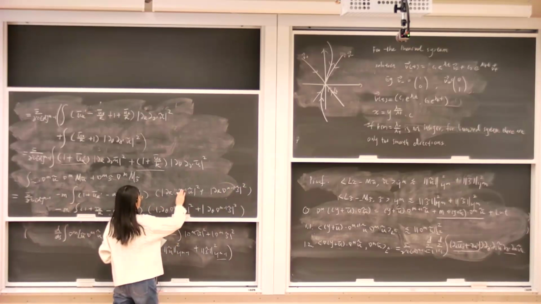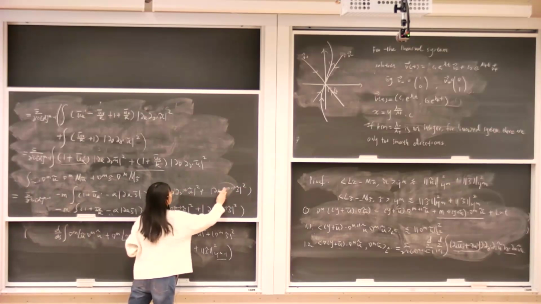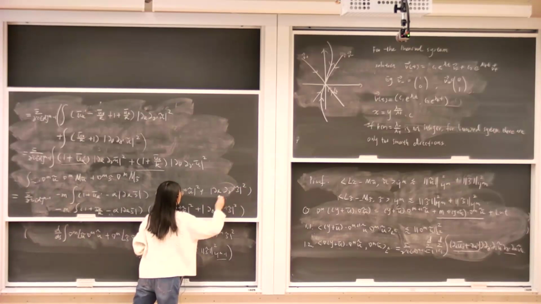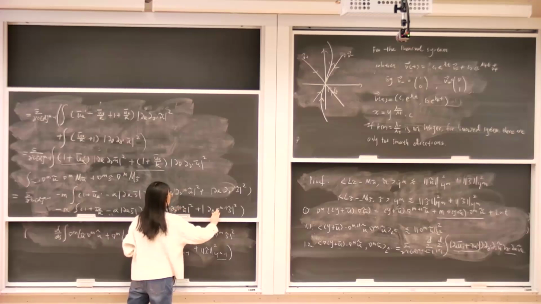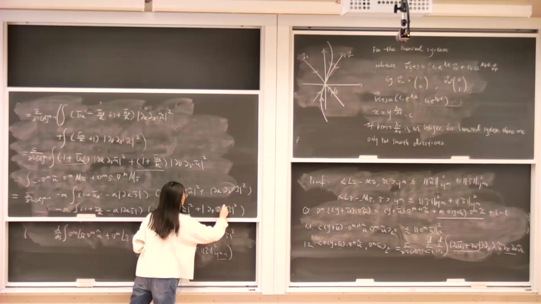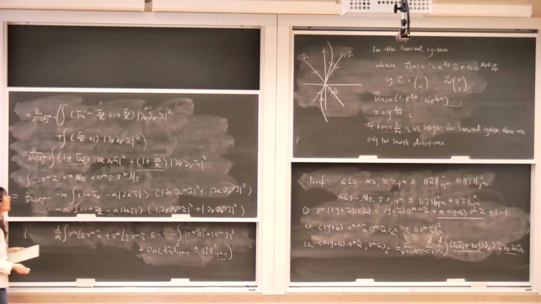Sorry, I used partial gamma, so this is partial gamma. So that's how the final, of course, plus other bounded terms.